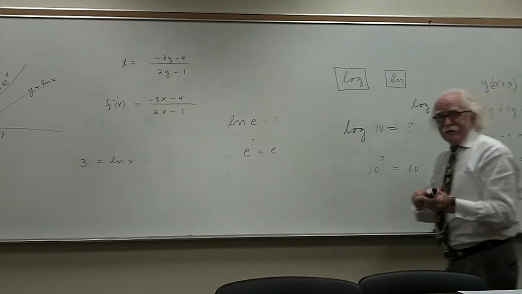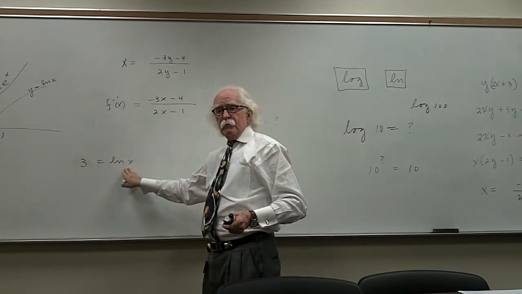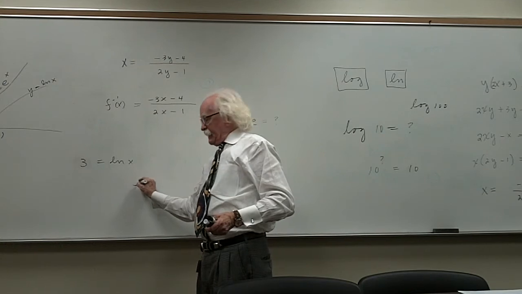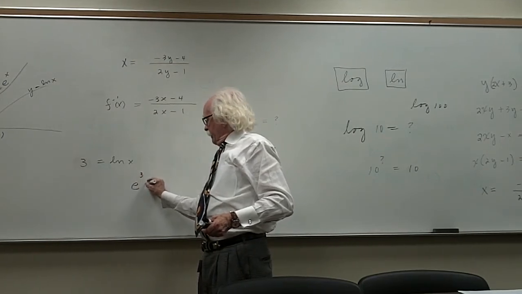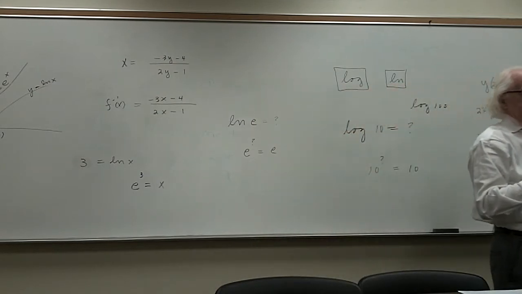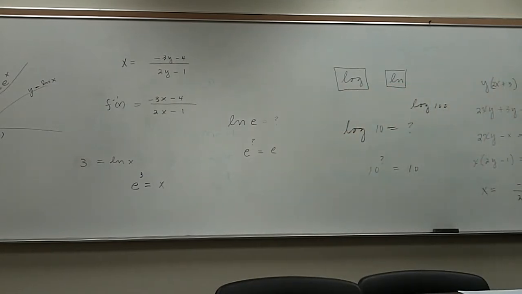If you go back to this problem, how would you read this? You would say e raised to the third power is equal to x. And Lord knows I don't know what that is, but your calculator does. Your calculator can calculate that quite easily.